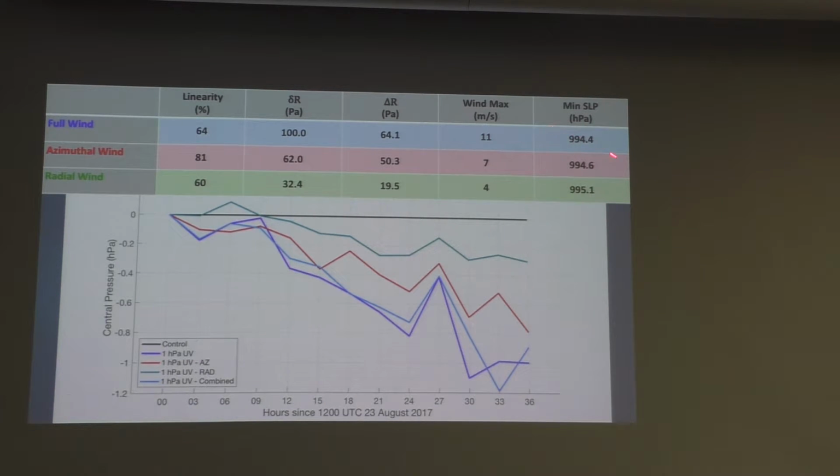And you can see that also resulting in how the sea level pressure drops for the 3 cases. The 4th line on here is after I partitioned the winds, I combined them back together to see if I was doing it correctly. It resulted in, I'm not sure why, a small difference, which you can see where there's a slight deviation between the full wind and the recombined wind, but they generally are consistent with each other.